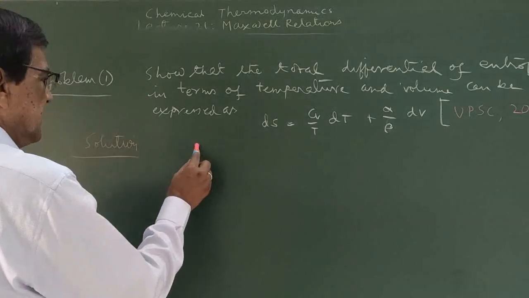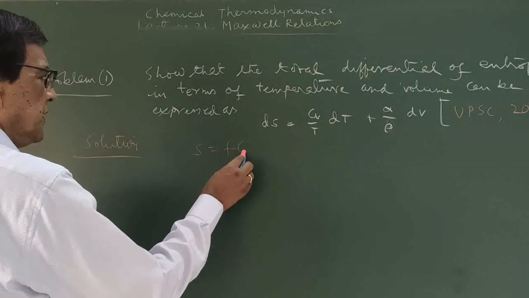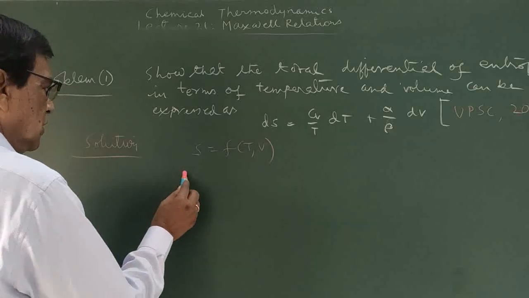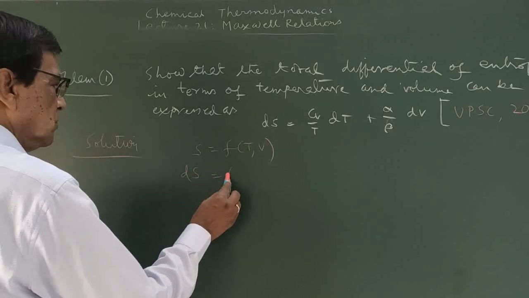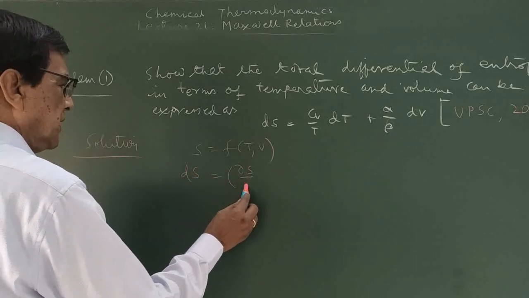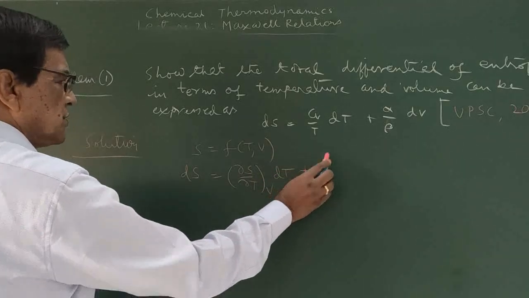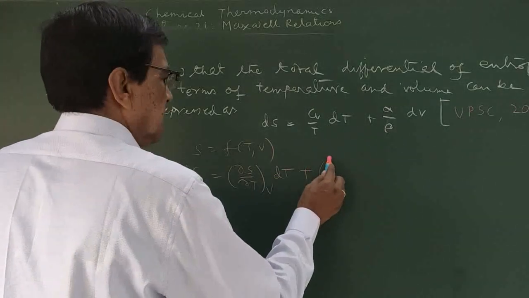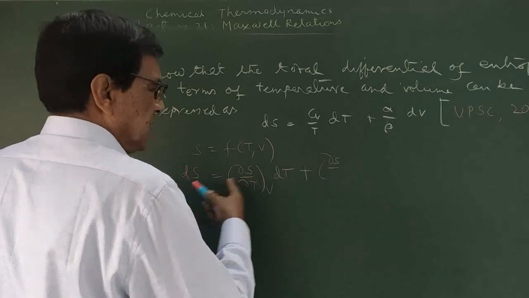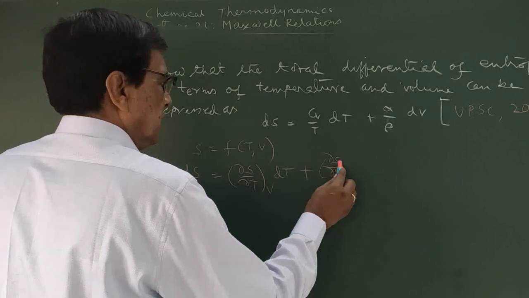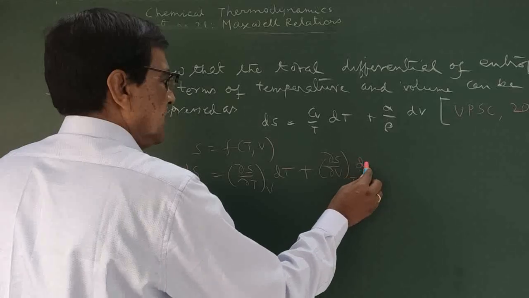Say S is a function of temperature and of volume. So dS equal to del S by del T at constant volume into dT plus, by partial differentiation, del S by del V at constant temperature into dV.